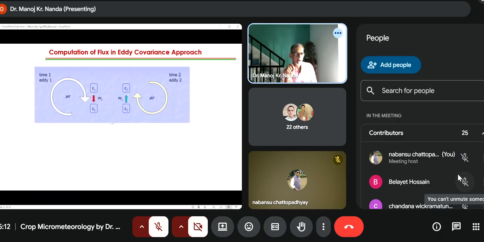Now, at a time t1, this is the eddy. This is the time t1 eddy. At time t2, this is the eddy. So if you see them rotating this way, these eddies have no definite direction of rotation, it is random usually. So when these random eddies are there, if you take the average upward wind, yes, it is there. But if you take the fluctuation, yes, it is there.